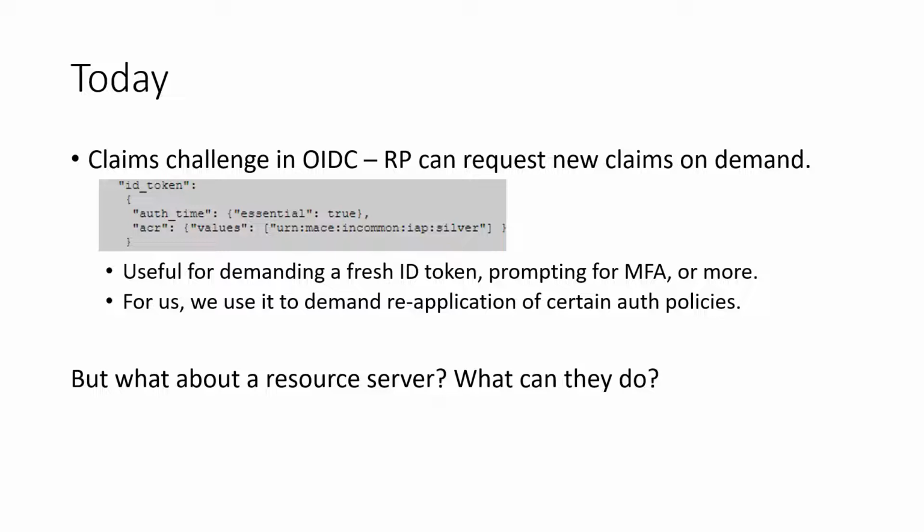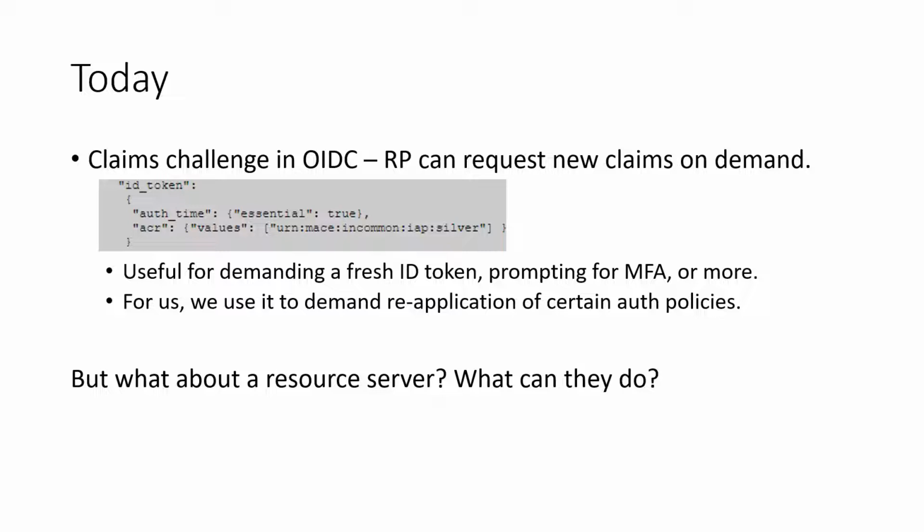So the ways that we use this already, in the spec itself, you see, hey, I need a new fresh ID token. Hey, I want them to perform MFA. And proprietarily at Microsoft, we use it to say, I need these policies to be enforced the next time you give me a token, because some kind of authorization or authentication policy that the IDP needs to enforce wasn't enforced yet.